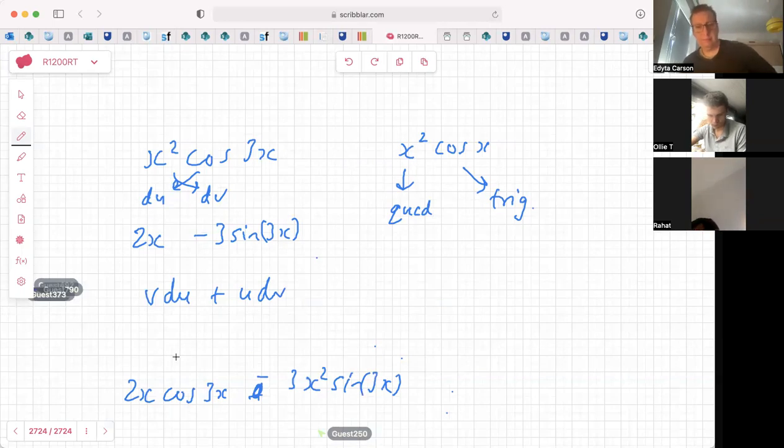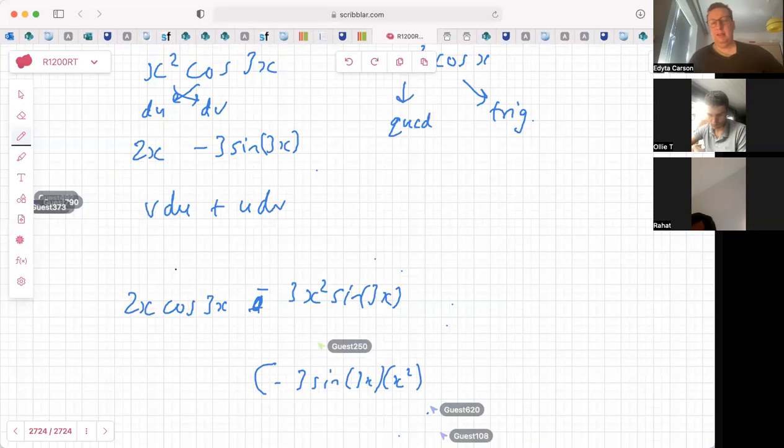Could you write that as minus sine 3x x squared? You could write that, it's not wrong, but it's not written that way because of the danger of ambiguity. Someone might think it's times.